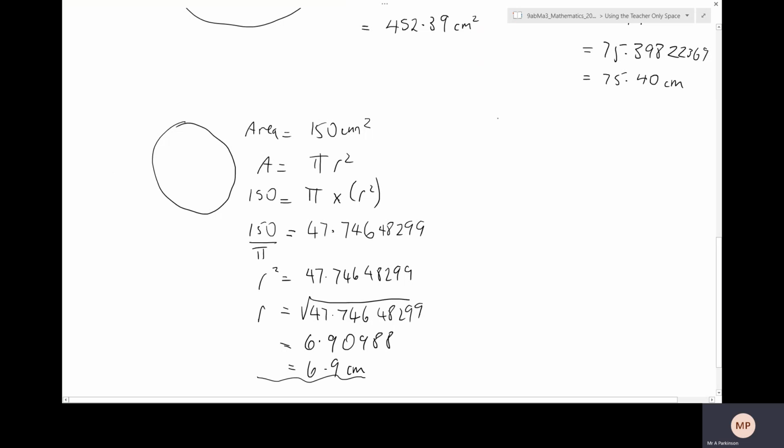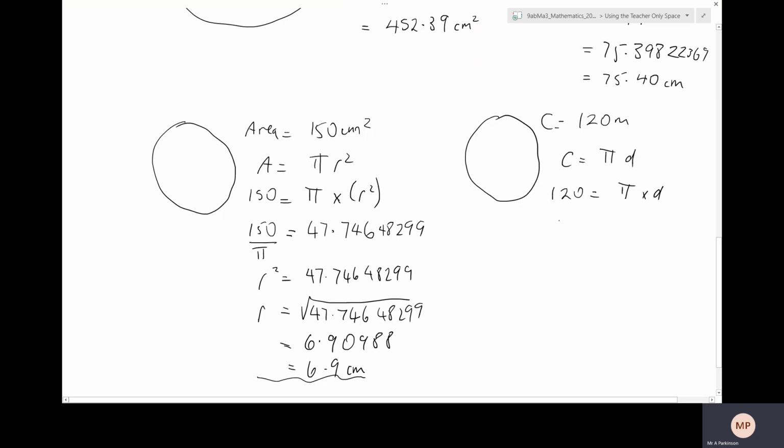If you've given another question where you're given the circle and the circumference is, let's say, 120 meters, so that means circumference is pi d, so that means 120 is pi times d.